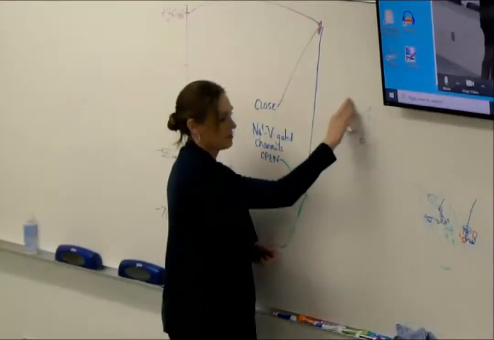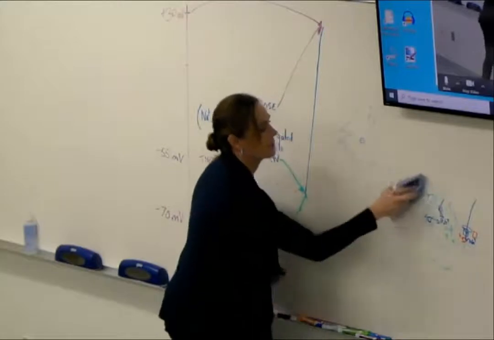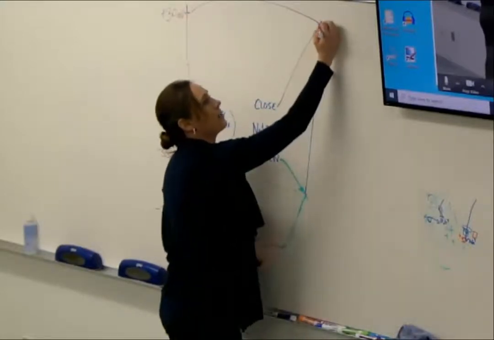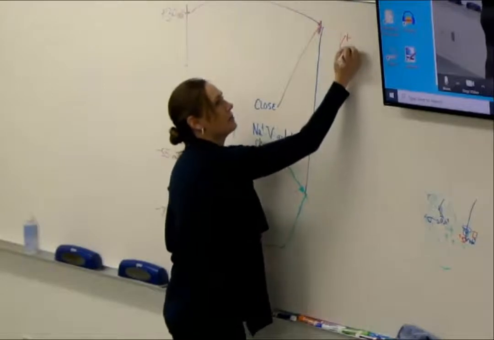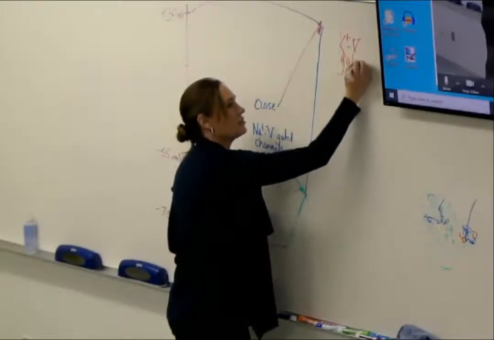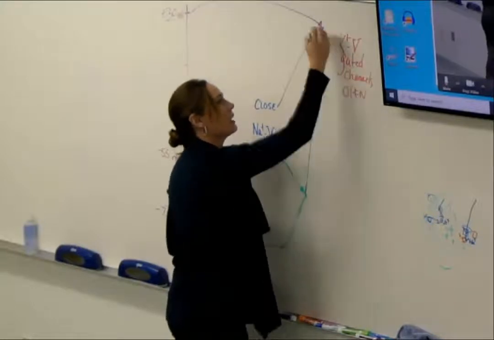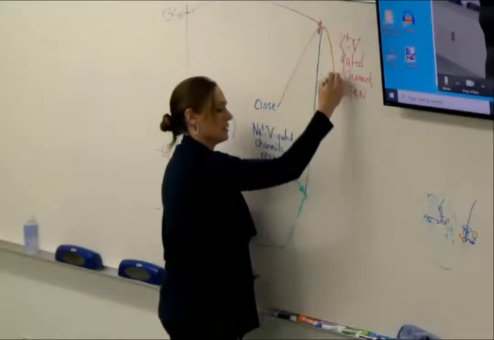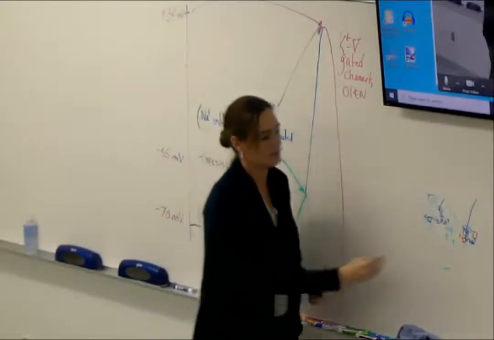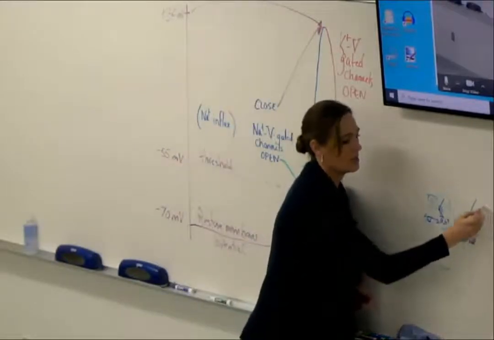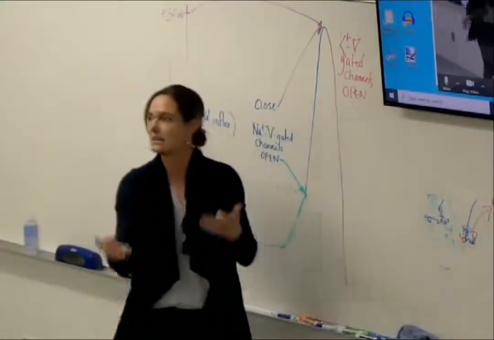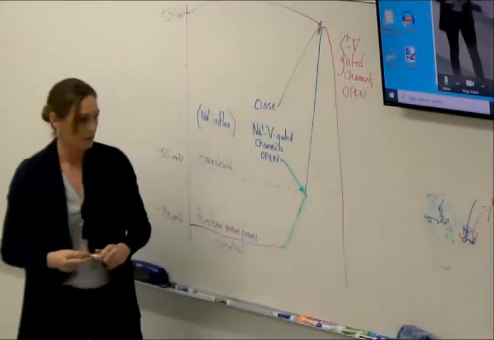So at plus 30, I'm going to erase this stimulating neuron here. At plus 30, our potassium voltage gated channels will open, and we will then cause the cell to become more negative because now potassium is leaving. So now we have a positive ion escaping out of the cell.